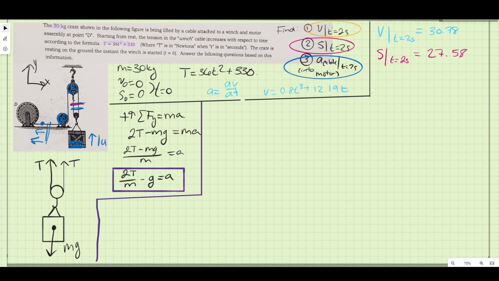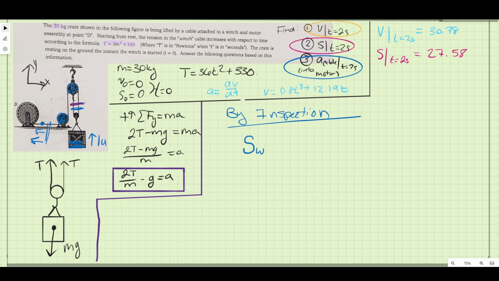So we understand by inspection that we have the 2 units of slack, and then what we'll end up with is the displacement, the distance traveled around the winch.